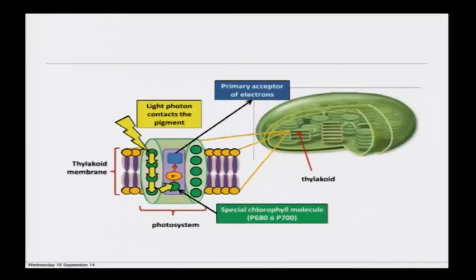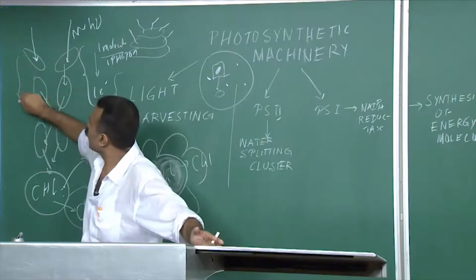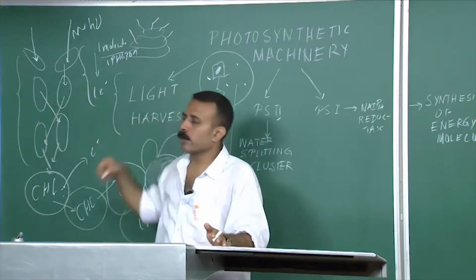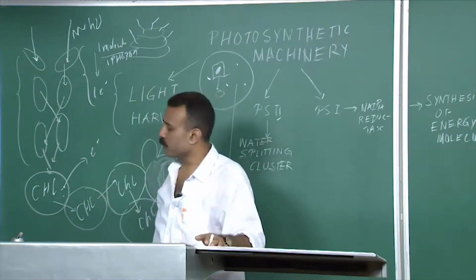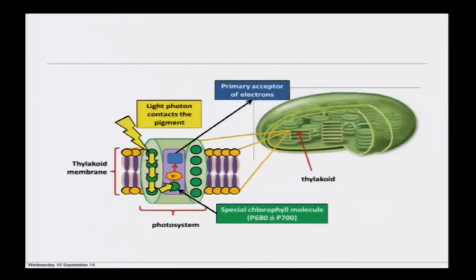From here, you can now get a better view of exactly what is happening and exactly where it is happening. So, you have to realize that this structure, what you see on the slide now, is a single chloroplast. On these chloroplasts, at every site you have these accessory molecules in the form of carotenoids, which are acting as antennae.